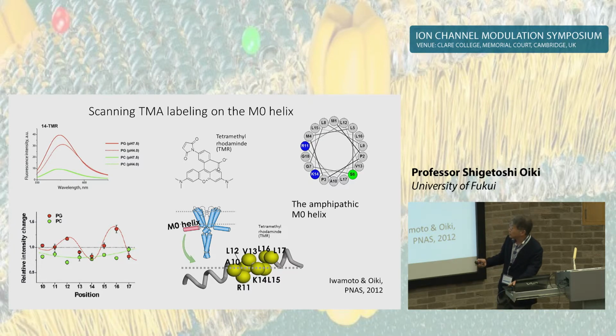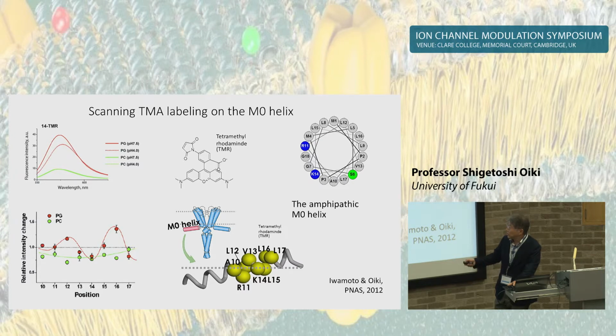To make a long story short, we just show the result. From residue 10 to 17, tetramethylrhodamine is labeled one by one, and this signal shows the difference of the fluorescence intensity in the activated channel and the inactivated channel.